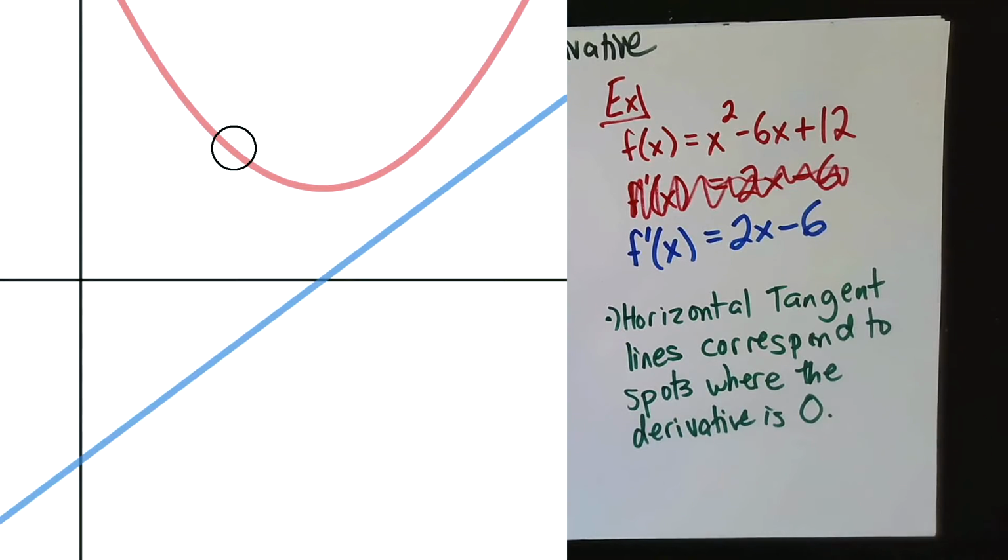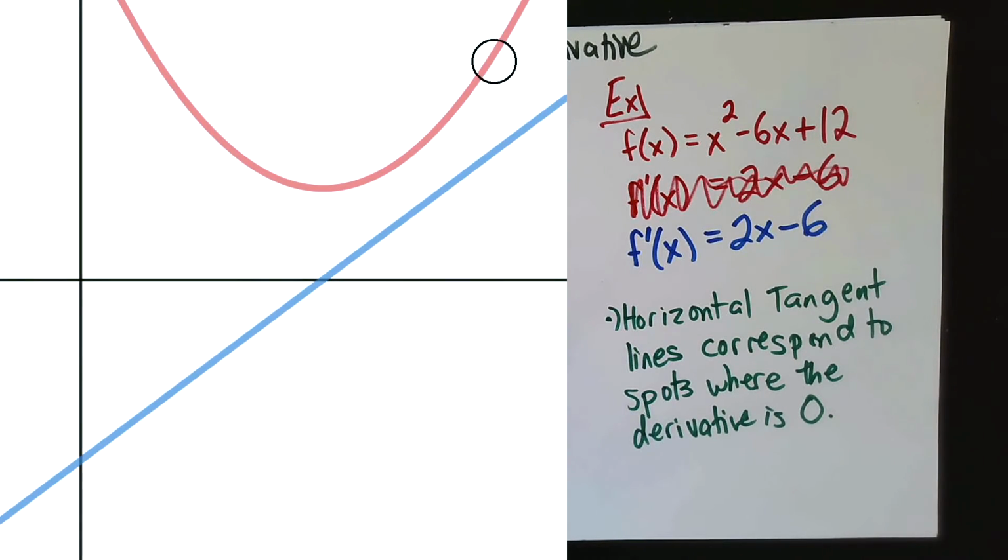Again, you can see that if I look at the corresponding point on the blue graph below. A negative sloped tangent line on the red graph corresponds to a point on the blue graph where the y-coordinate is negative, that is, below the x-axis.